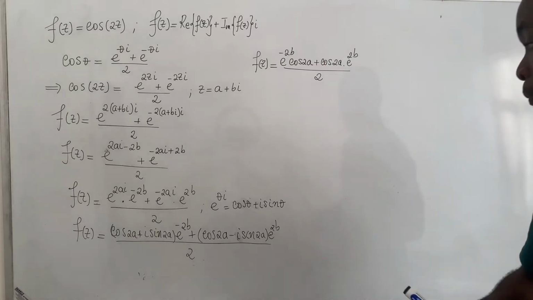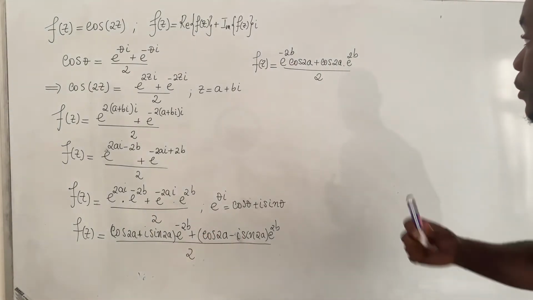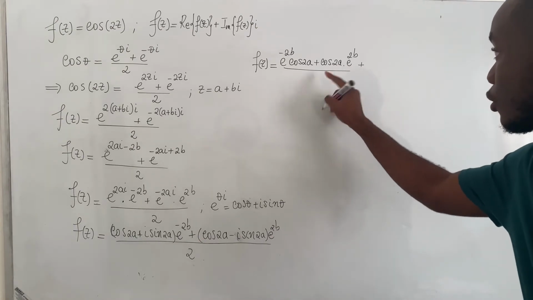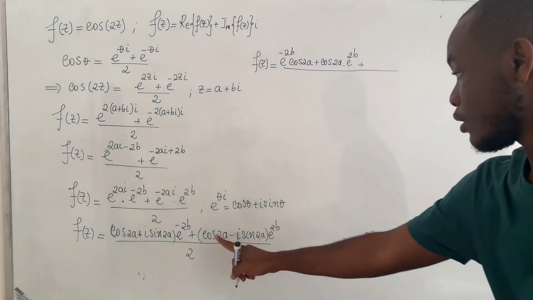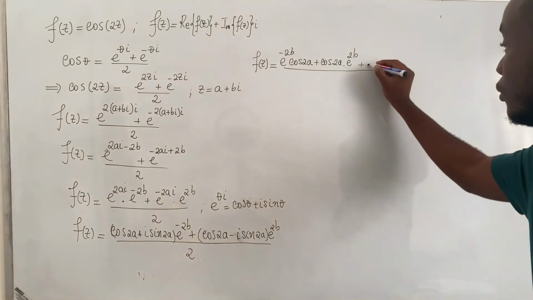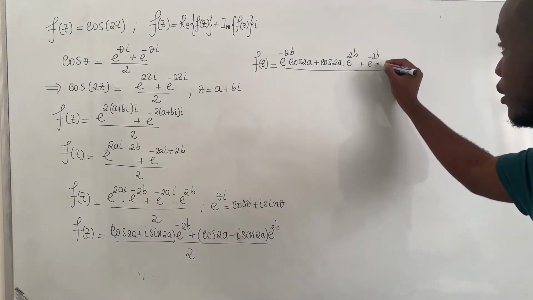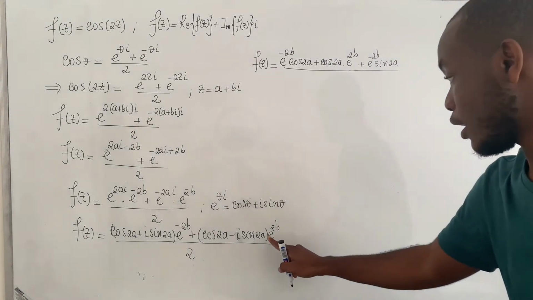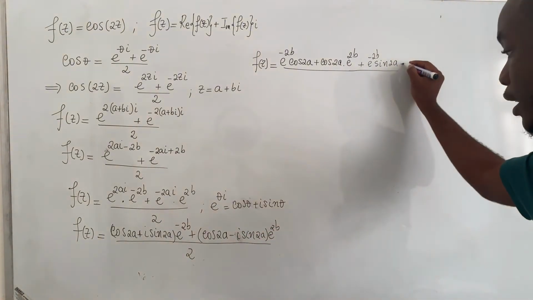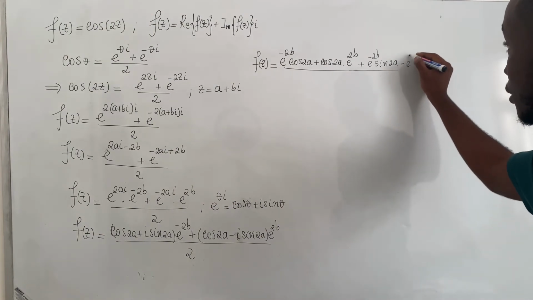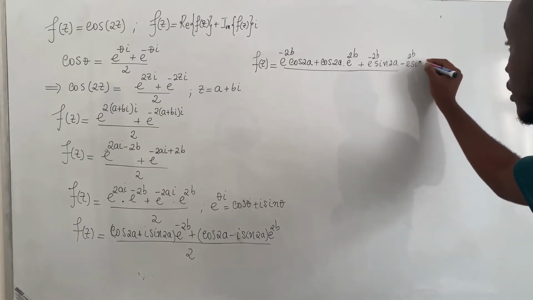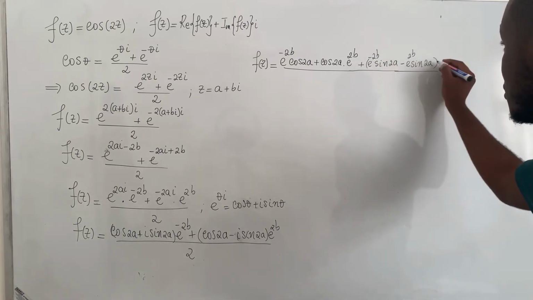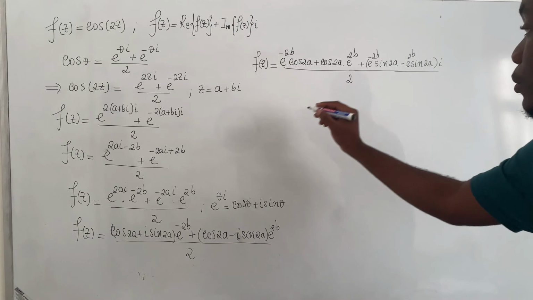Okay, all right. So when it multiplies here, this is going to be plus, with a common 2. When it multiplies there, we're going to have e to the power minus 2b sine of 2a. And when it multiplies here, we have minus e to the power 2b sine of 2a. Since they were both with i, I factorize i over 2.